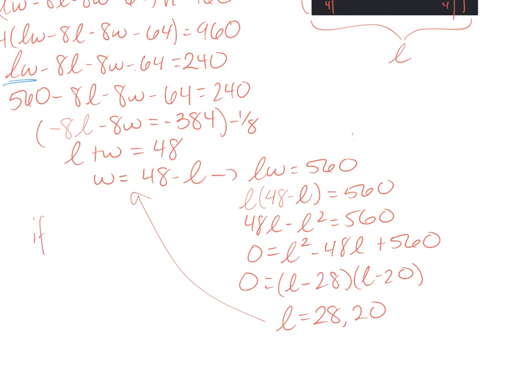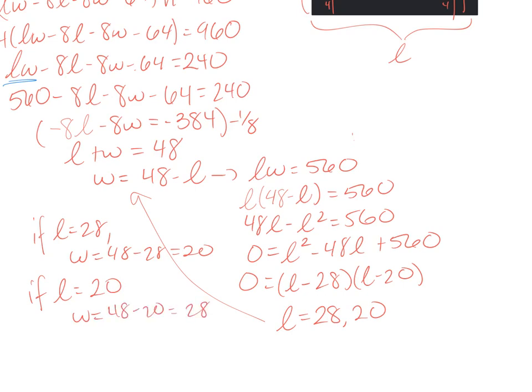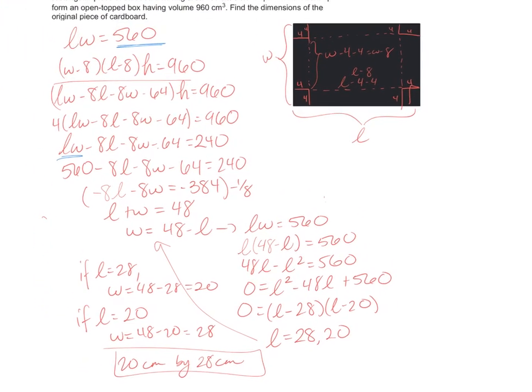So if L equals 28, W equals 48 minus 28, or 20. And if L equals 20, W equals 48 minus 20, which is 28. So my dimensions are 20 centimeters by 28 centimeters, or 28 centimeters by 20 centimeters. Okay, and that was it.